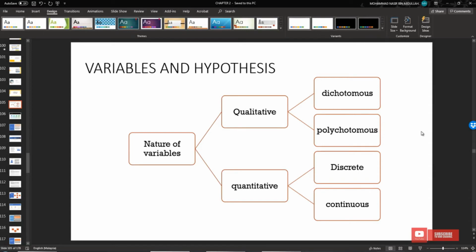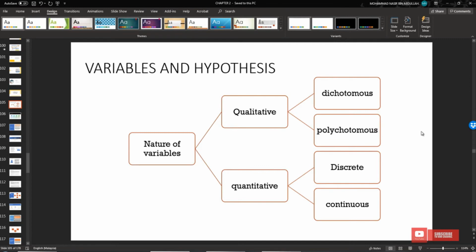We can say that male and female are not in order. Another example is ethnicity: Malay, Chinese, Indian, and Siamese. They are not in order. We know that there is a Malay, but we cannot measure the Malayness in the human species. So that is a qualitative variable, which is nominal scale.